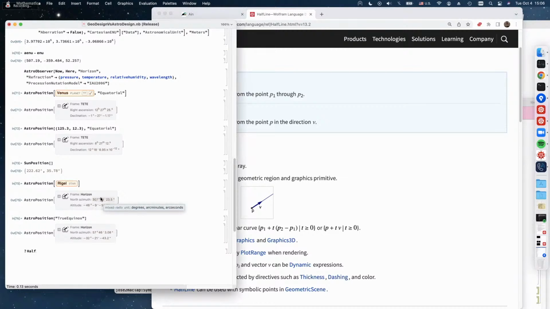That's different from astroposition. Look, we've got two concepts here. We've got the emitter and we've got the observer. Right? Okay. So the problem is that there are cases where we have a raw emitter, like Venus at a certain date.